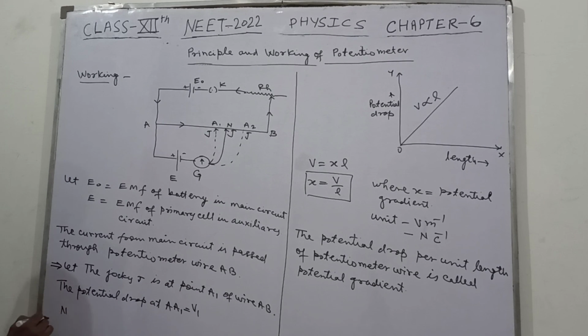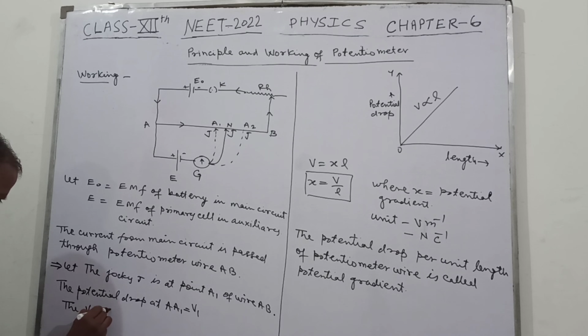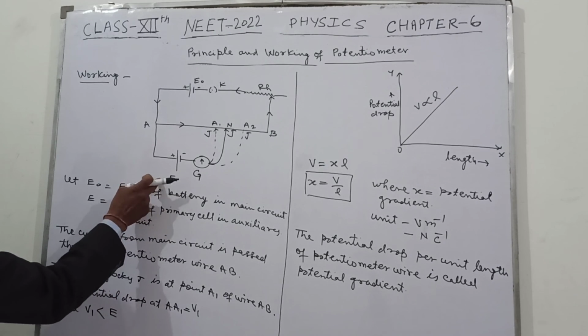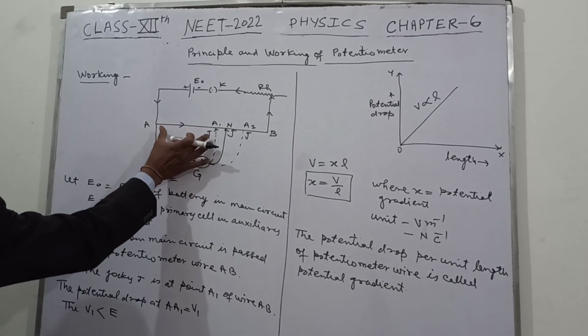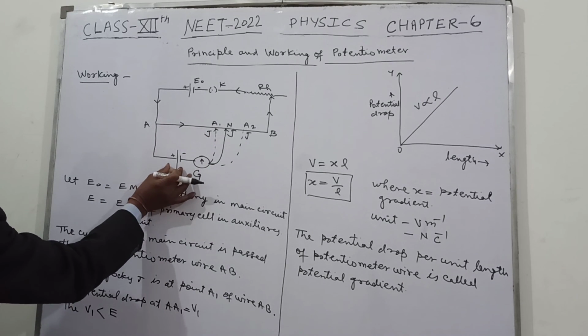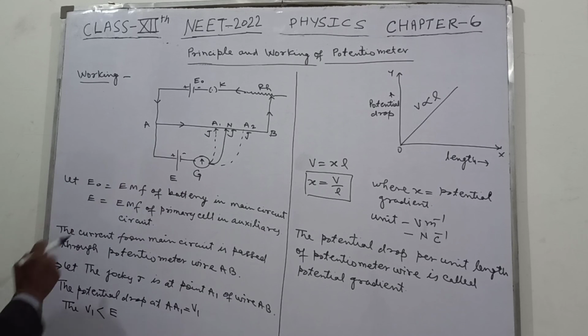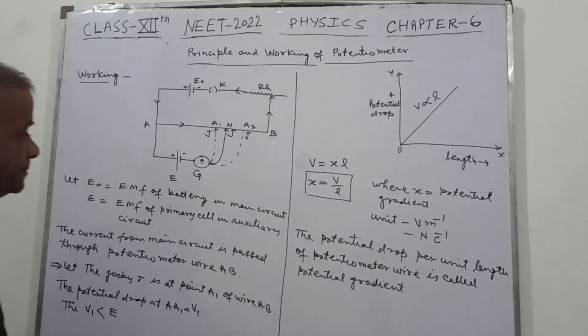V1 is less than what? The E, the EMF of this cell. This potential difference is less than the EMF of this cell. So the current will flow in this circuit.